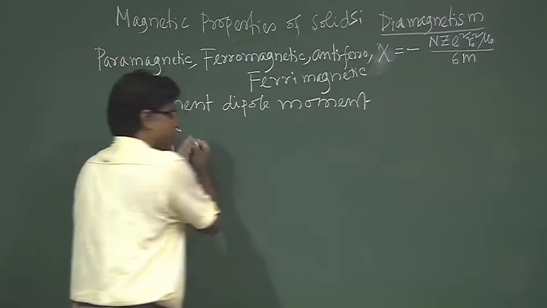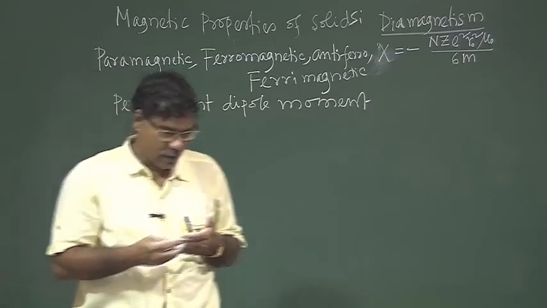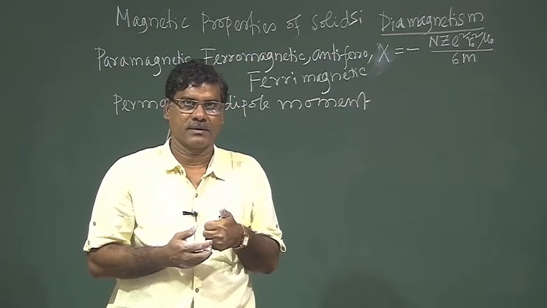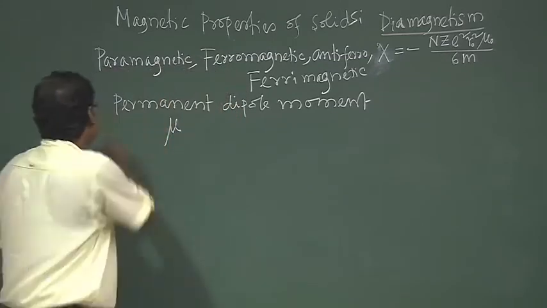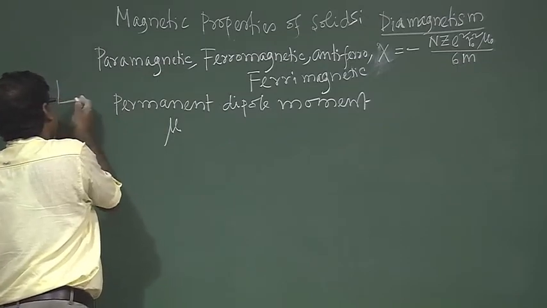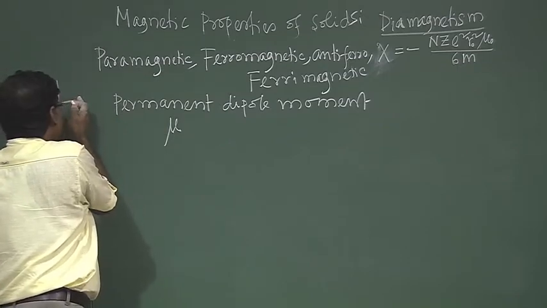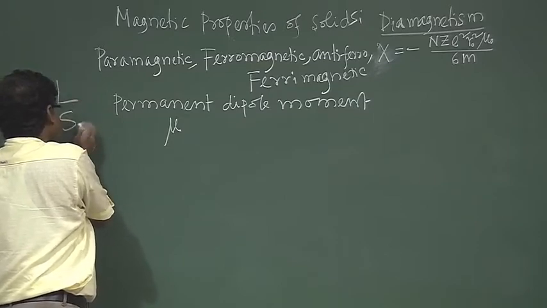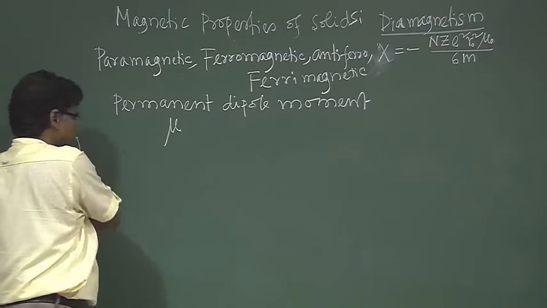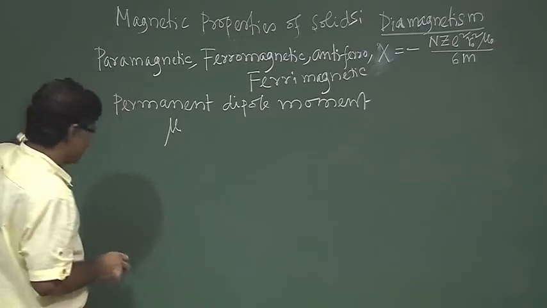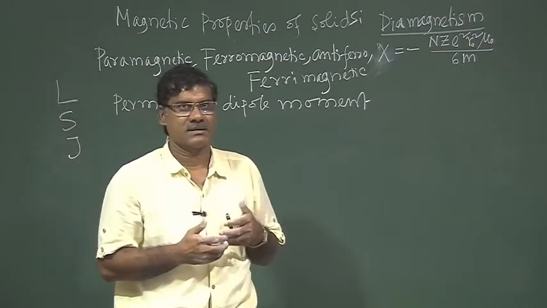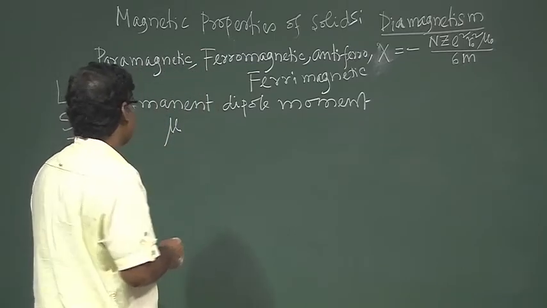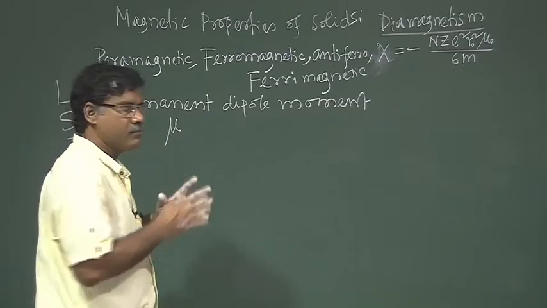So, for an atom that has a permanent dipole moment, it is based on the total orbital angular momentum and the total spin angular momentum, and from the coupling of these two we get the total angular momentum J for that atom.